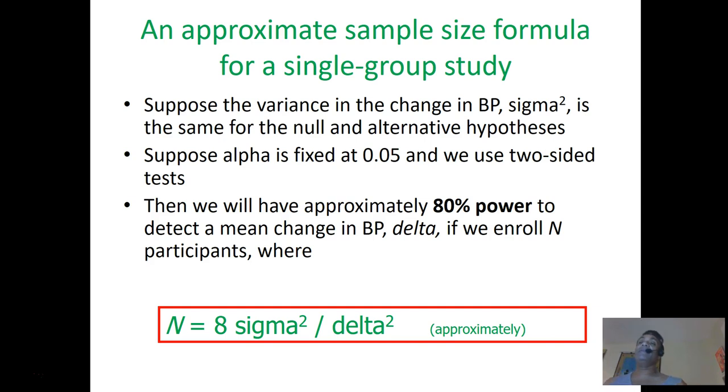And I said, if we fix our type 1 error at 5%, and we're looking at a two-tailed test, and we fix our power requirement at 80%, then if you only need one group, if you're testing for blood pressure changes, you need this number of people. 8 times the variance in your sample divided by the square of the difference that you're trying to detect, approximately.